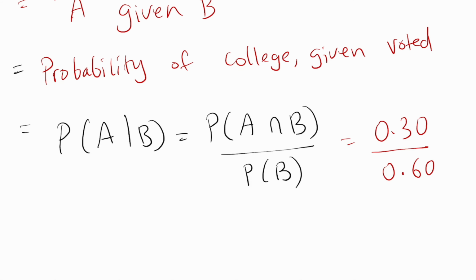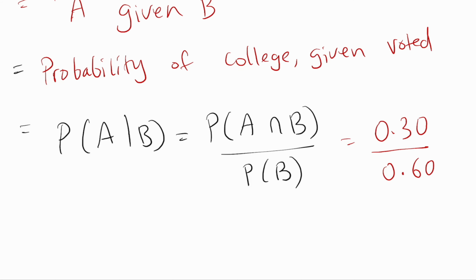Now, here's the thing. This is where we could now define what it means for two events to be independent. Here, notice that when I asked you, in general at the beginning, what's the probability of somebody going to college? Well, without any information, it was just 50%. Now here, this is basically asking you the same question. It's what's the likelihood of somebody going to college?